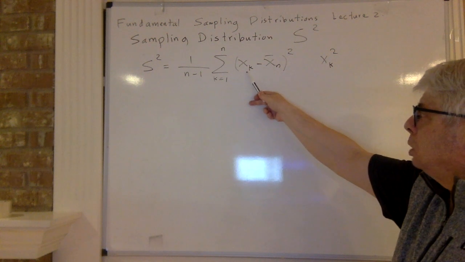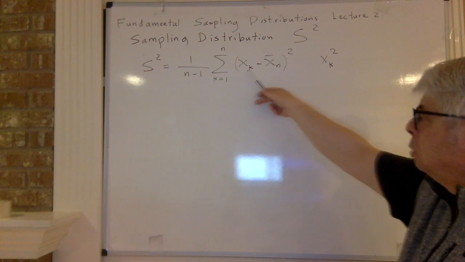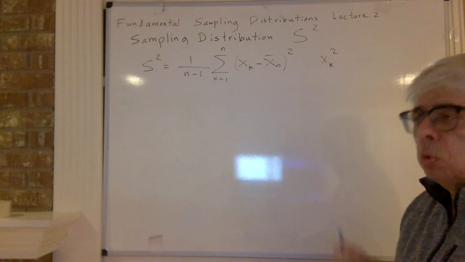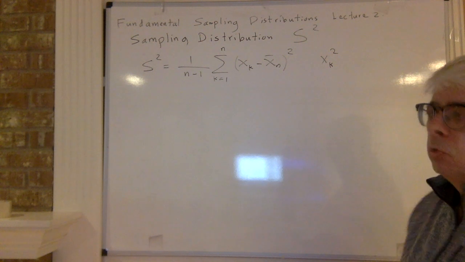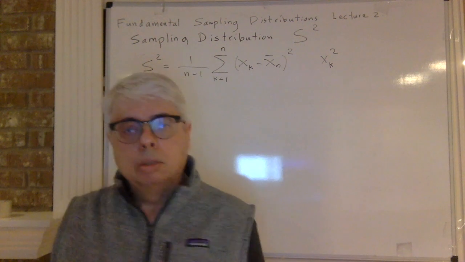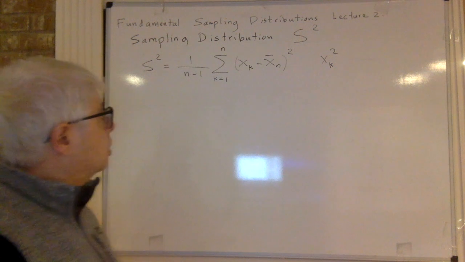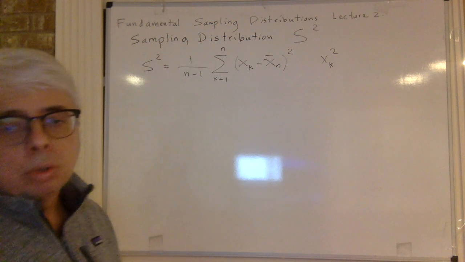And we know that this is normal and this is also normal because we are dealing with a normal distribution. So we are dealing with a normal distribution squared. So what is the distribution of a normal squared? That is what we want. As you see, that's x squared, and we will see that's what we call a chi squared.